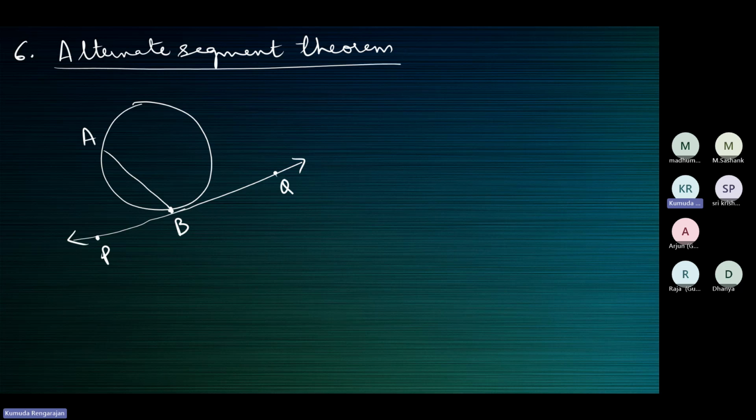So here the chord is AB. A and B are the end points of the chord. Through the endpoint B, we see a tangent. So B is the point of contact of the tangent with the circle.